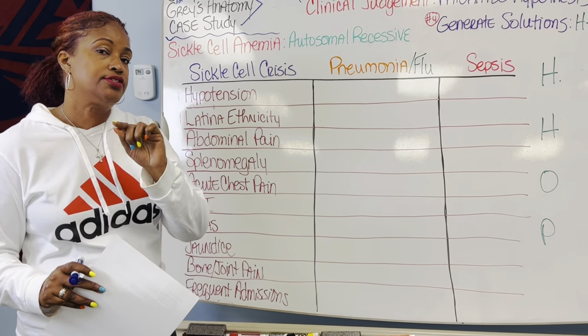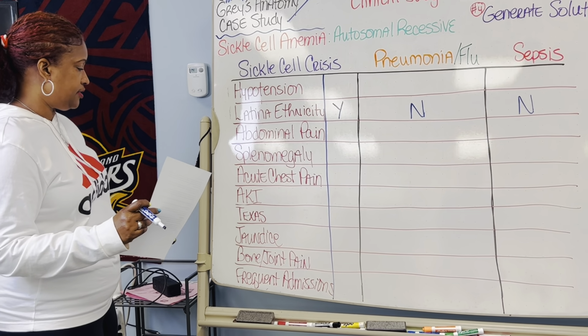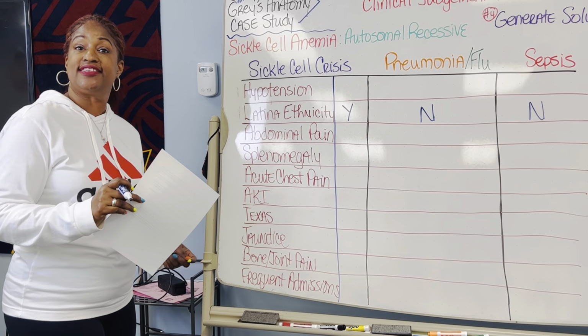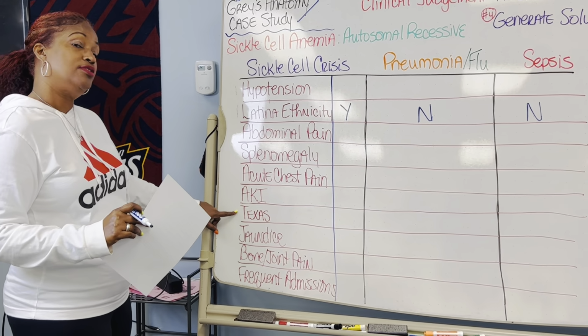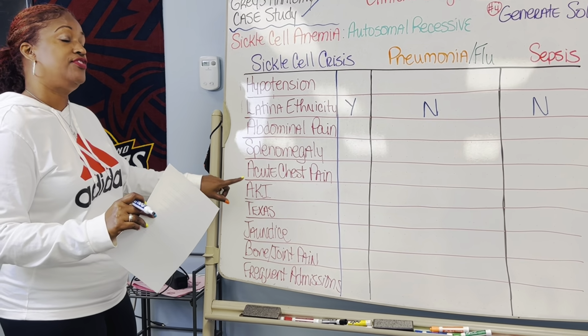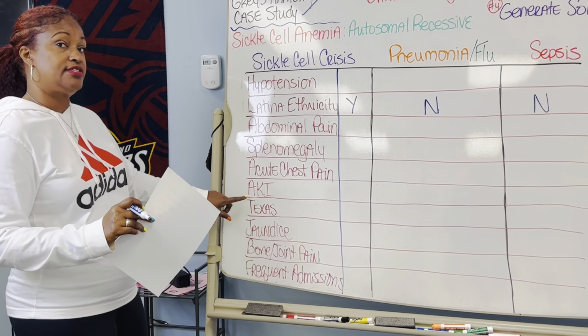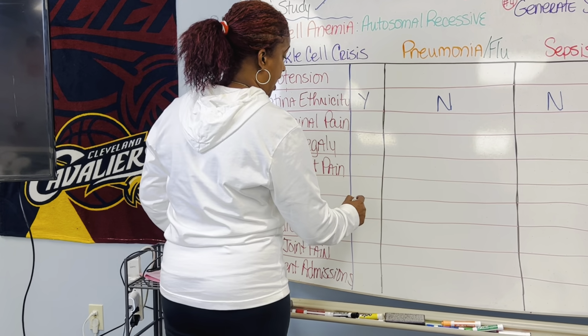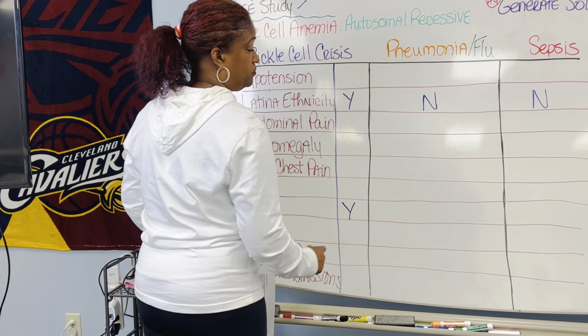But let's continue. We said that she was in Texas. So I wrote Texas right here. Is the fact that she was in Texas in May pertinent to sickle cell crisis? Yes. Why?